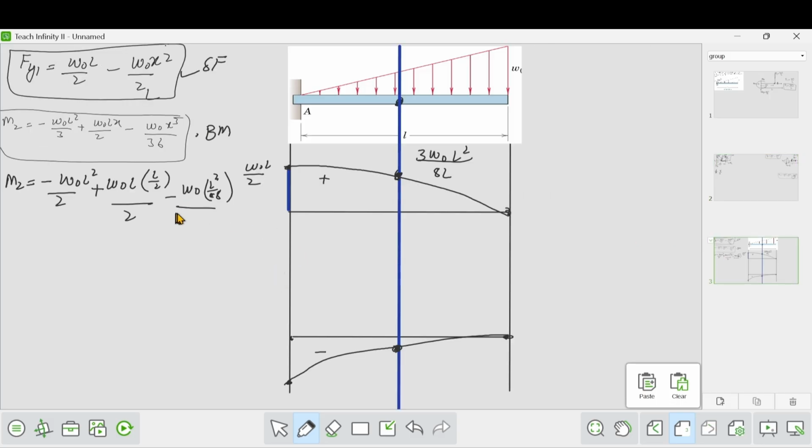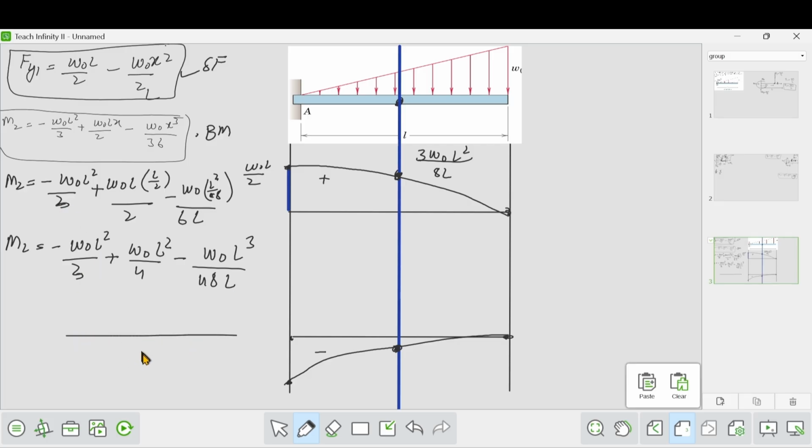This is 6L. So M2 is equal to negative omega naught L square divided by 2 plus omega naught L square divided by 4 negative omega naught L cube divided by 6, 8 2s are 48L. This is not 2, this is 3.